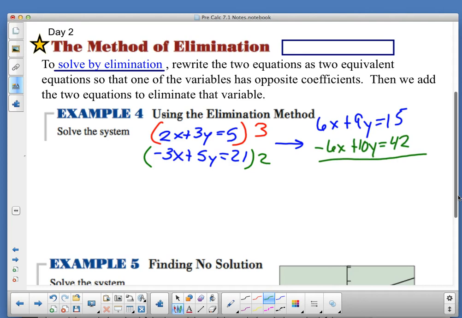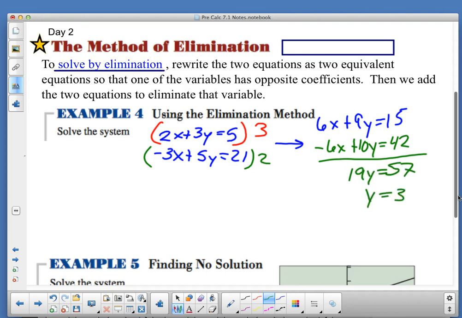Okay, in doing this multiplication, I'm able to get rid of one of my variables. I could have done another multiplication. I can multiply the top by negative 5 and the bottom by 3, and I would have gotten rid of my y's after adding. So at this point, I'm just going to add. 6's are 0. I got 19y equal 57.